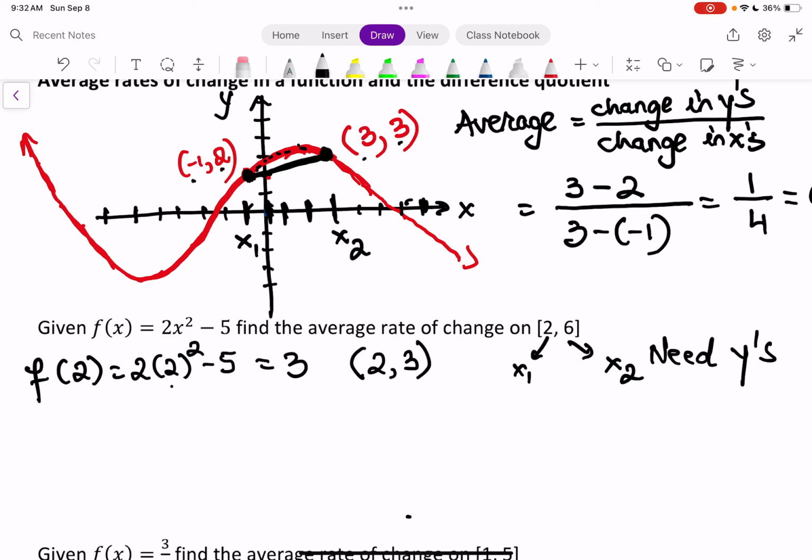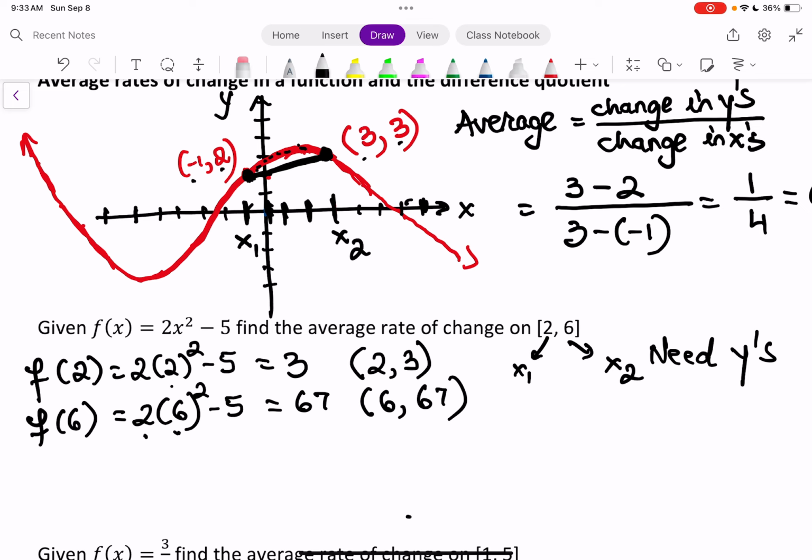That's what we found. And here it is. What happens when x is 6? Again, 6 squared, that's 36. Times 2 is 72. And 72 minus 5 is 67. So again, I have the point of coordinates 6 and 67.